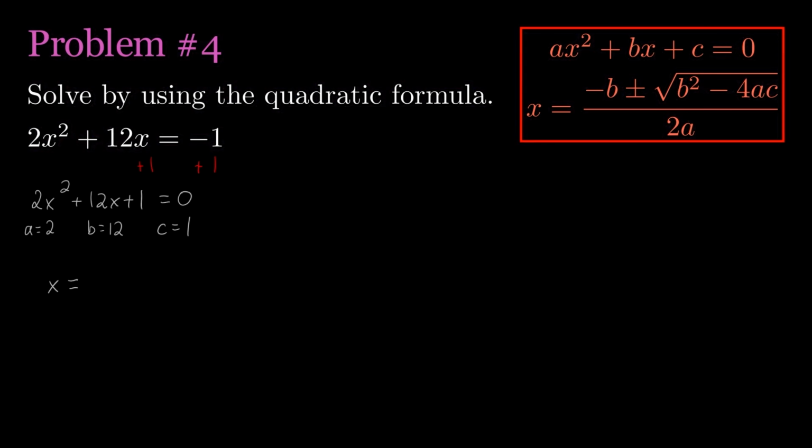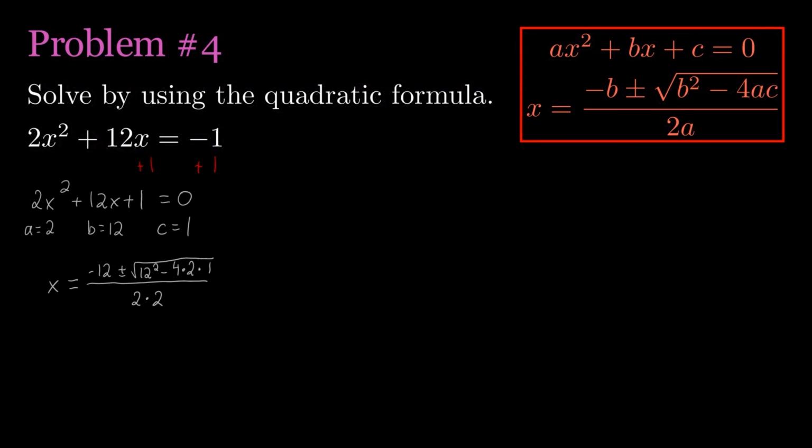So x equals, on top, we start with minus b, in this case minus 12, plus or minus the square root of, then the first thing is the b squared, 12 squared in our case, minus 4 times the a, which in our case is 2, and the c, which is 1 in our example. All over 2 times a, 2 times 2 in our case.